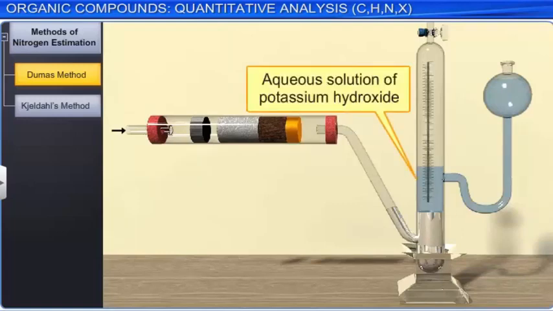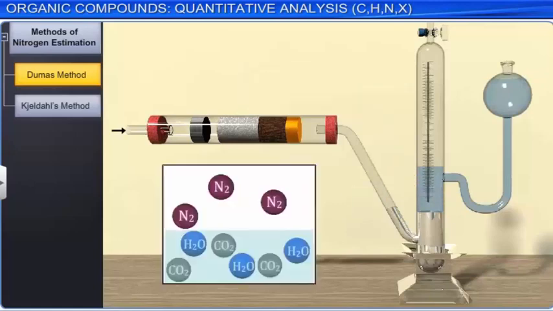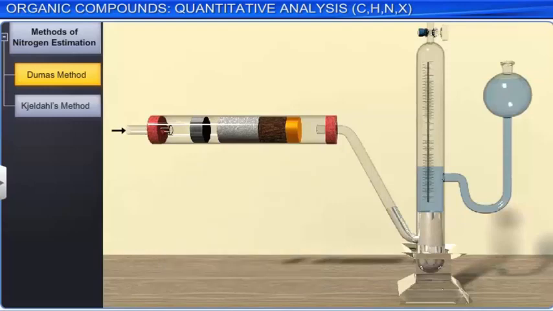This solution absorbs the carbon dioxide gas from the mixture, leaving nitrogen behind. This nitrogen is collected in the upper part of the graduated tube. From the volume of this nitrogen collected, the percentage of nitrogen in the compound is calculated.